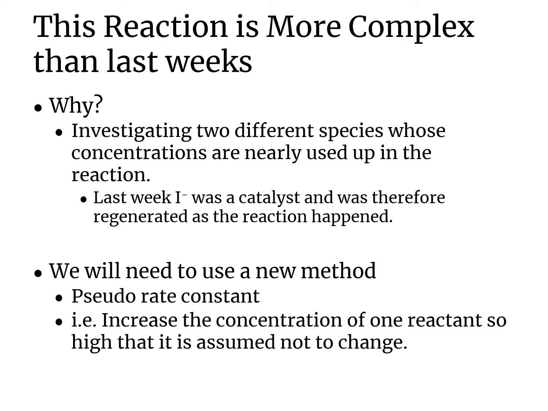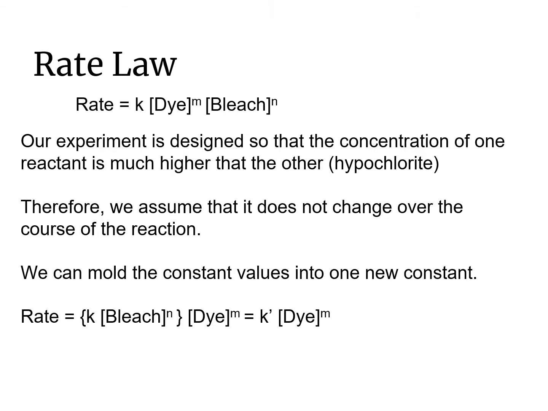Here, instead of having the two concentrations vary or change over the course of the reaction, we increase the concentration of one of the species to be so high, like 1,000 times higher than the concentration of the other species. When it's really high, we assume that the concentration of this high species is not going to change over time. And this should make it a little bit simpler in analyzing the rate law.